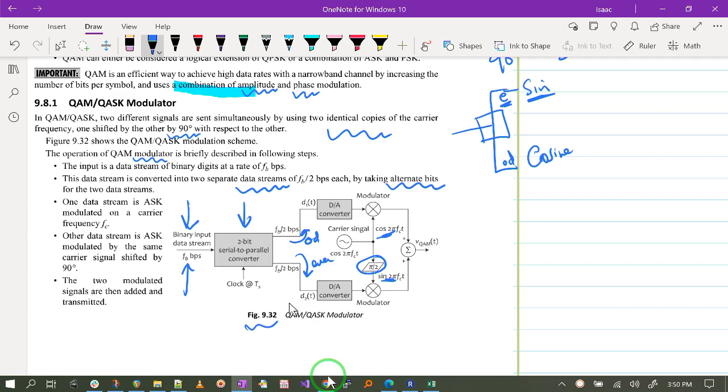So it is like a combination of ASK and PSK, but once we have shifted the two carriers by 90 degrees, we do not modulate the phase anymore. Rather, we are now modulating the amplitude. The two modulated signals are added together and transmitted. So when you add the two modulated carriers, you get your QAM signal.